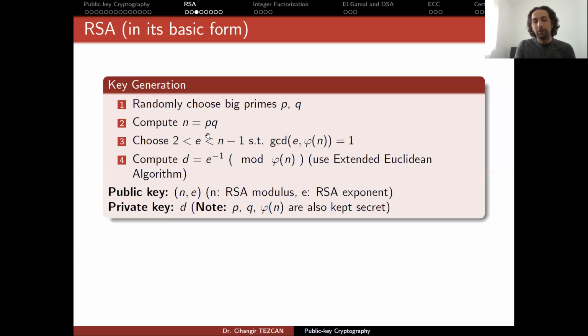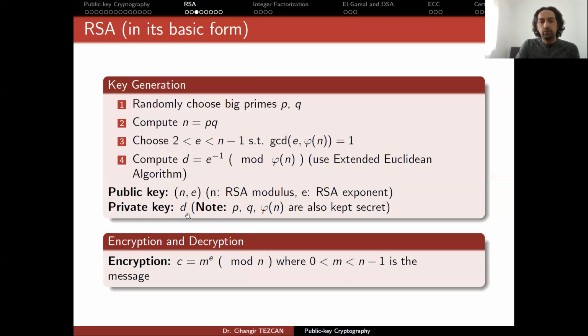Actually, this is one of the ways of breaking RSA. So as you can see, private key is D, but we also need to keep P, Q, and phi n secret. Otherwise, by using this knowledge, this is actually the trapdoor. By using this knowledge, the attacker can also obtain D. So this is the key generation. We have the public key and the private key.